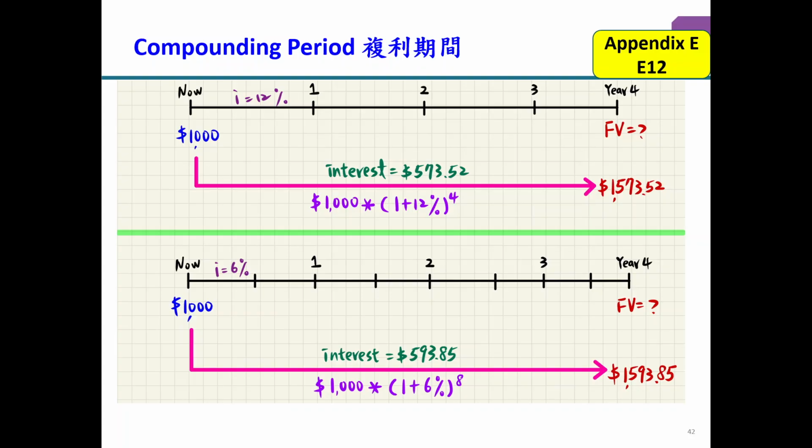The second case, right? Why? Because using the same amount of money, I invest $1,000 today, which one can earn higher interest? Always the second one, right? So the second one, when N is higher, your interest increases more frequently.